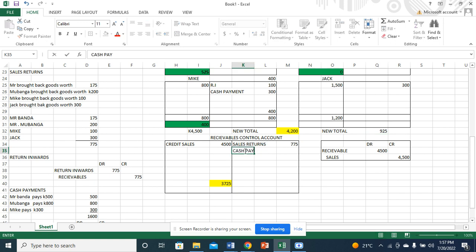So cash payments, 1,600. Let's find our new total. I have to erase this 3,725 and put 45 here, 5 here. We total up: 1,600 plus 775 is 2,375.